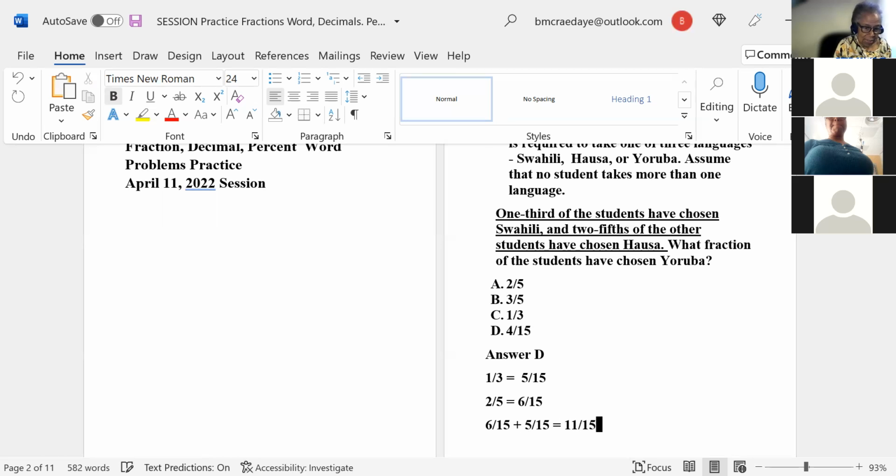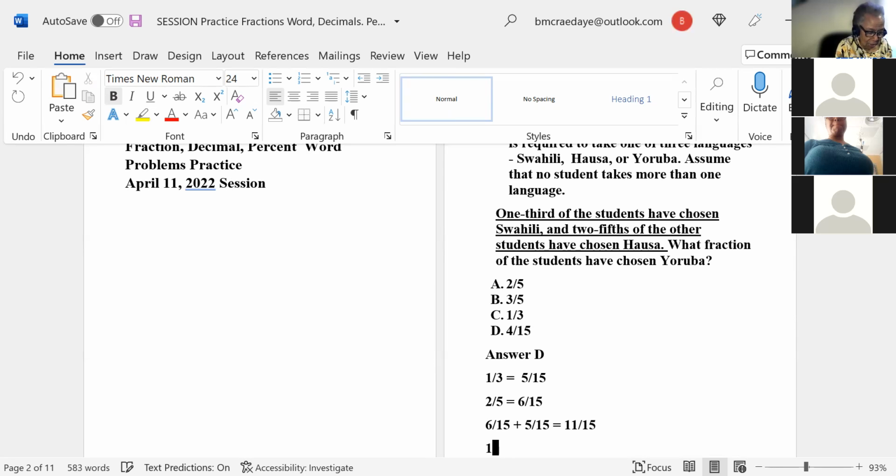Over 15. What is our next step, Mercedes? What is the whole going to equal? All the students as a fraction? 15 over 15.